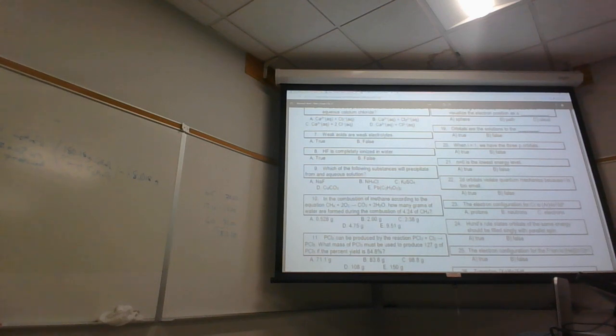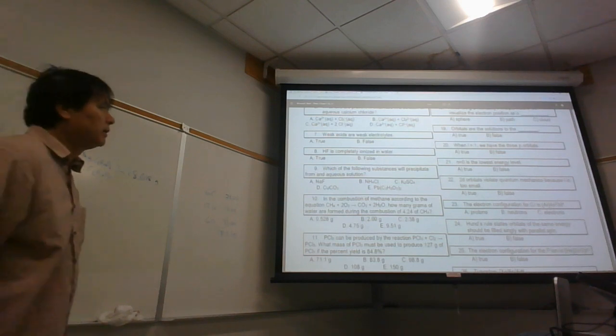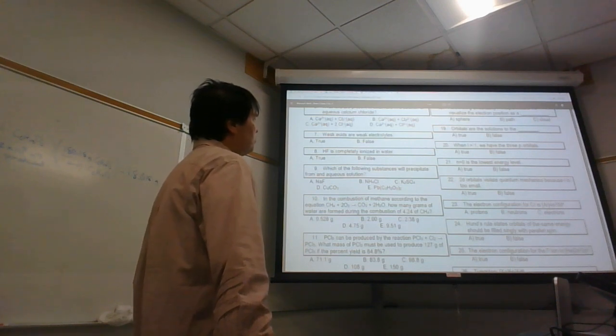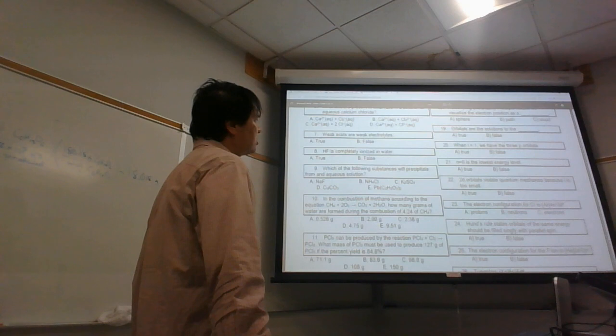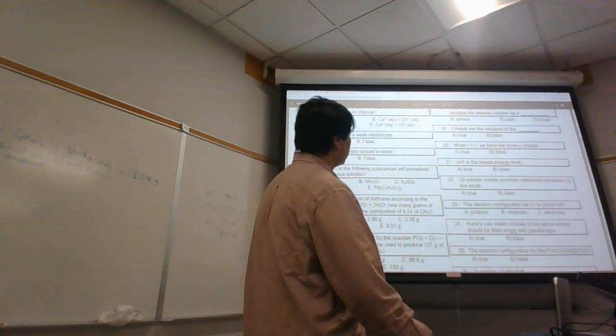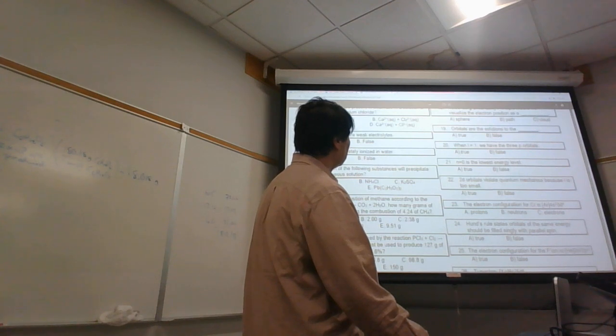Yeah, that's true. When L equals 0, we have the s orbital. When L equals 1, we have the p orbitals. And the p orbitals are going to have m values ranging from -1 to +1. So it would be -1, 0, and +1. So that gives us the 3 p orbitals. So this is true.